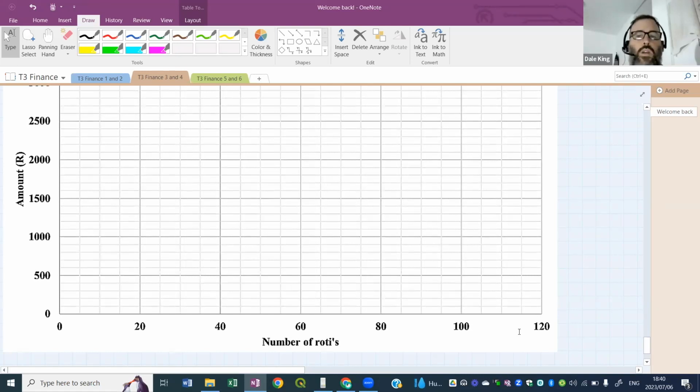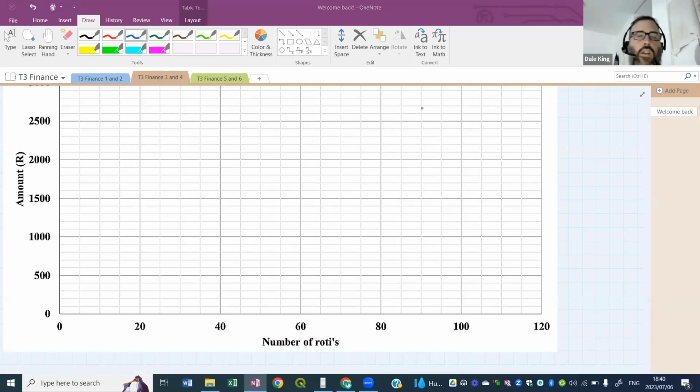Okay, so we're going to start plotting. We're first going to do the income graph. Now, I don't know if you guys can remember. I'm sure you do. I remember. I'm going to do income in blue because red means danger and red's expenses. So income in blue. So who can tell me, when there were 0 rotis, do you remember how much income was there? 0 rotis, how much income was there? 0.